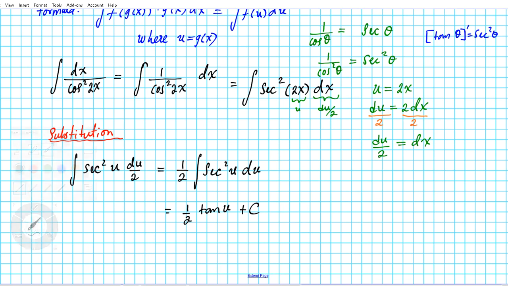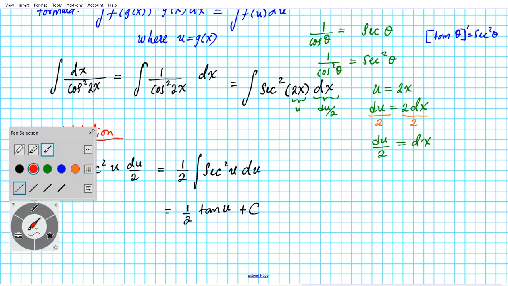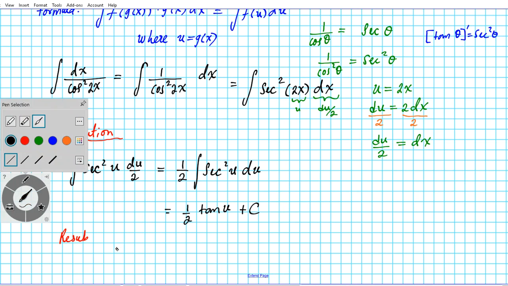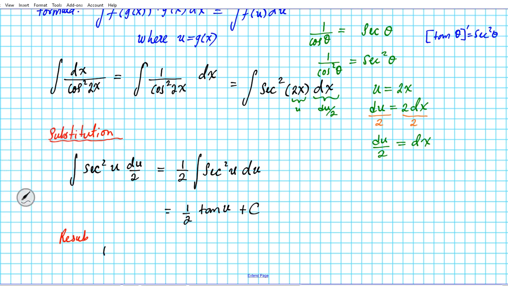Are we done? The answer is no. Whenever you substitute and integrate, you have to carry out your resub step. You have to resubstitute what you substituted out to enable your integration. Our substitution was u equals 2x. Now we are going to have to resub. What does that look like? The answer that we got was 1/2 tan u plus c.